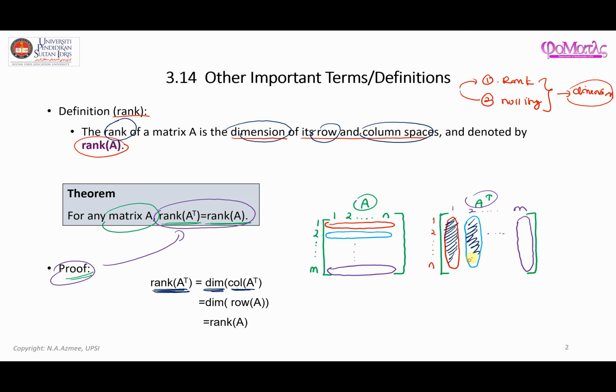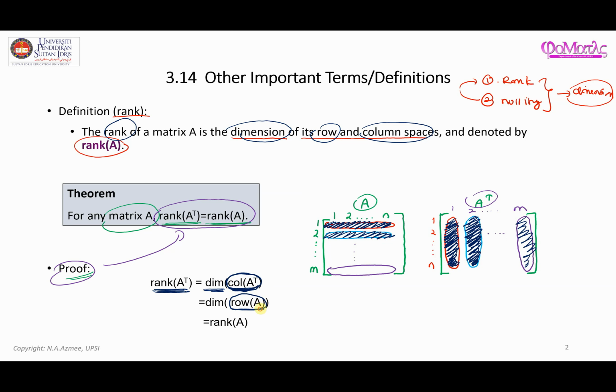You're talking about the columns here in the A transpose matrix. And notice that when you talk about this column, this is actually the same thing as the row of A matrix. If you talk about this column of A transpose, this is the row of A matrix. So therefore, it makes sense to replace column of A transpose with the row of A.